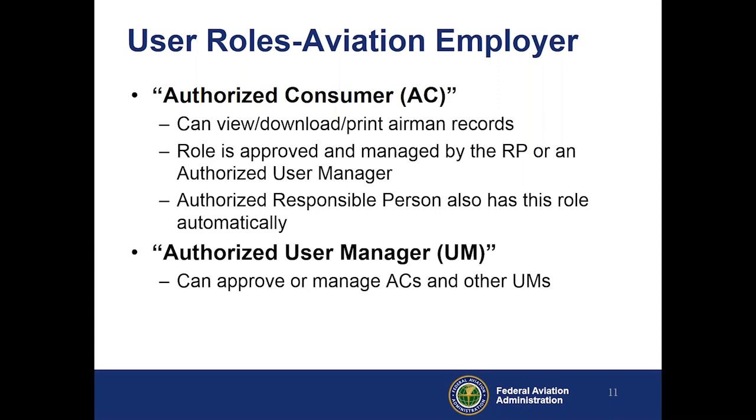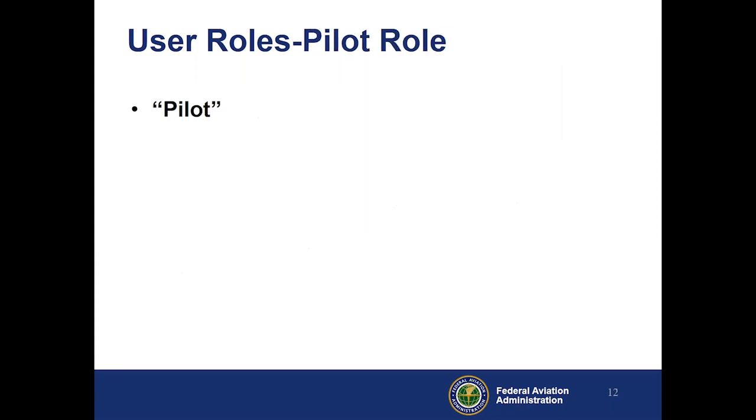Because perhaps your responsible person is a director of operations, it's a large company, and they have folks that actually work, maybe down in HR or something that pull these records, and they want someone else to manage the users in the system. So in that case, that's a clear example of when you might want to authorize a user manager, and that's someone that can go in there and approve other roles and also terminate roles if someone leaves the company or whatever. So that's what the user manager role is for.